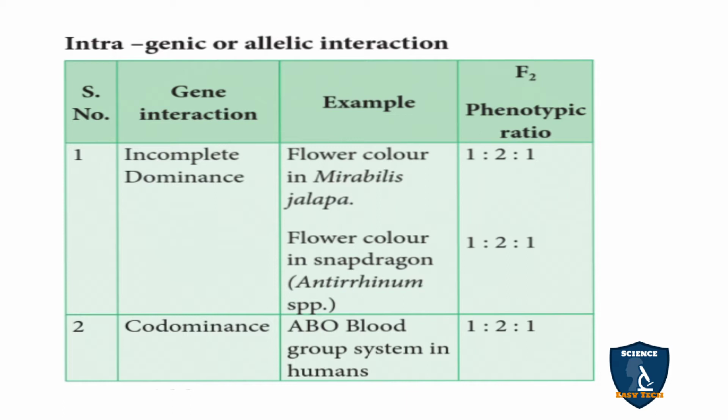For incomplete dominance, the best example is flower color in Mirabilis jalapa, and its ratio is 1:2:1. Also flower color in snapdragon, Antirrhinum species, 1:2:1. And in codominance, the best example is the ABO blood groups that we have already discussed in the zoology class, and its ratio is also 1:2:1.